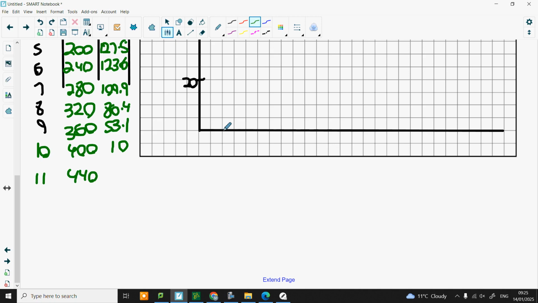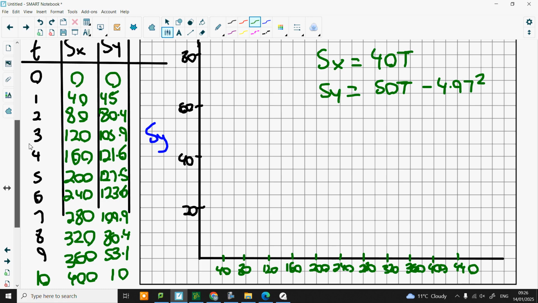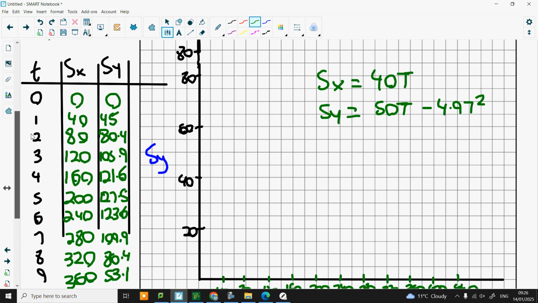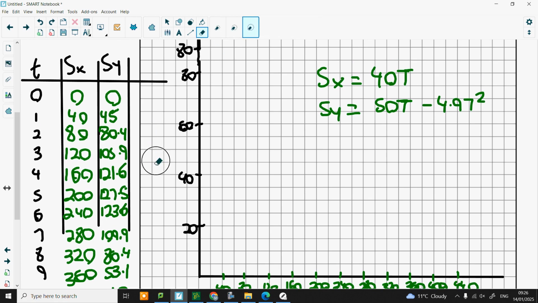So I'm going up in 40s now, am I? 40, 80, 120, 160, 200, 240, 280, 320, 360, 400, 440. Okay, the y direction wants me to go as high as roughly 125, is it?